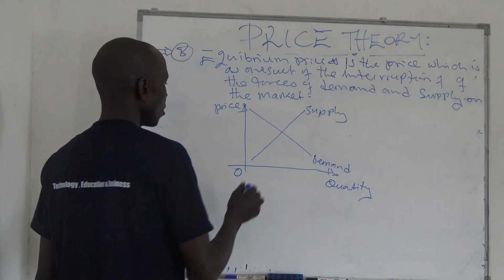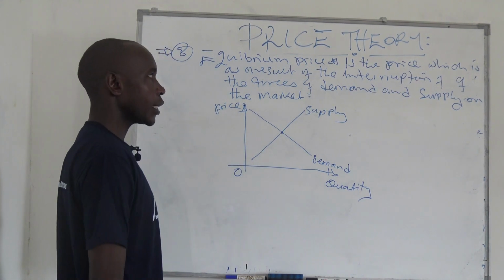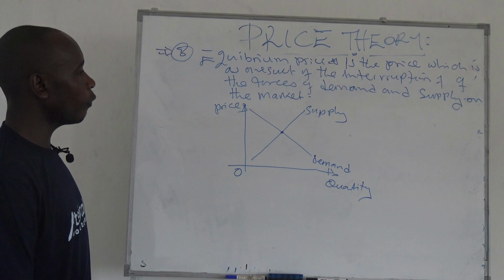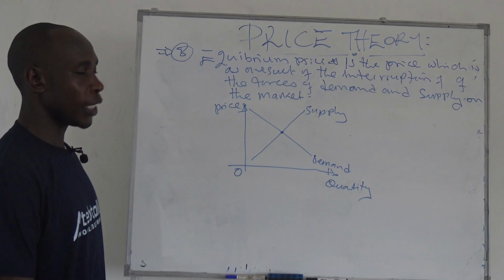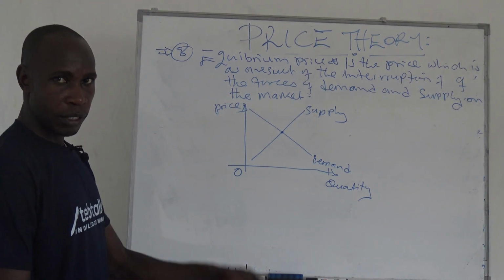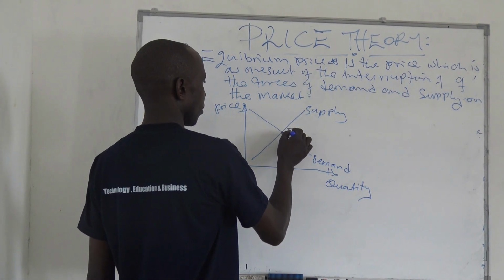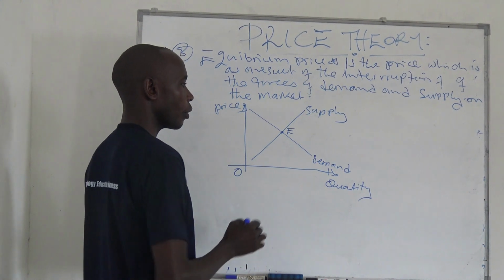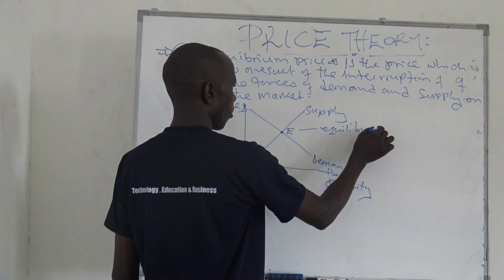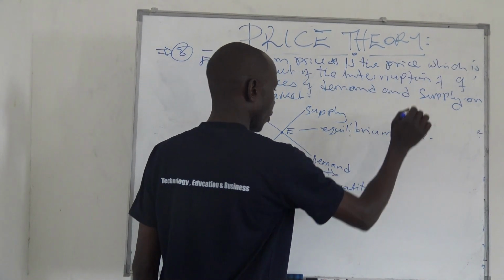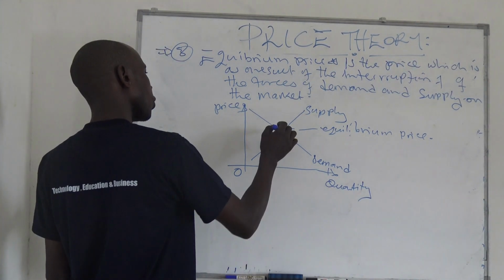But for this matter here, the equilibrium price is the one which is determined at a point where the two forces of supply and demand meet and interact on this illustration. That point, we call the equilibrium price.